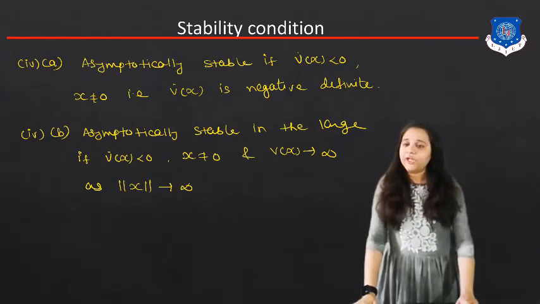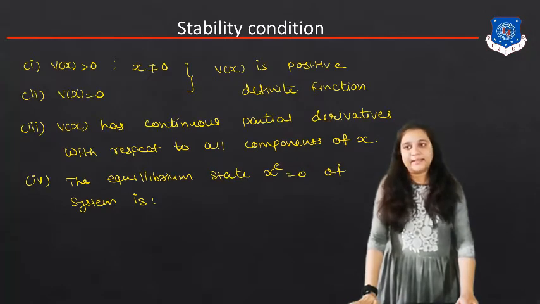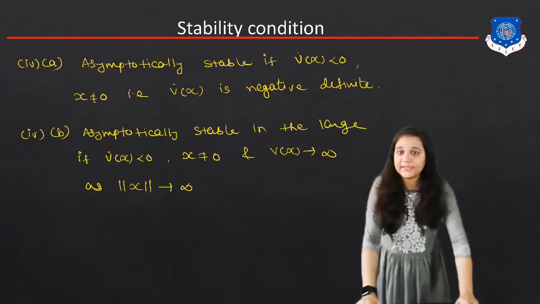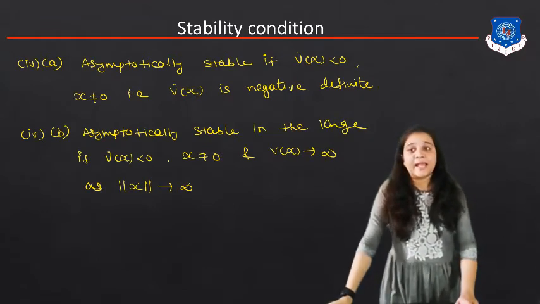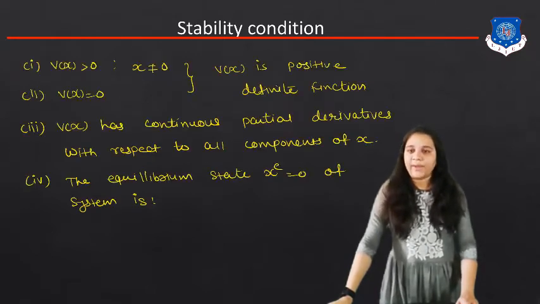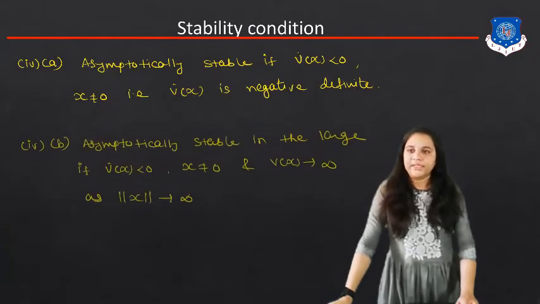Okay, so you have to remember only three things. If the value of V(x) is greater than or equal to 0, it is positive definite, and if the value of V(x) is less than 0, it is negative definite, and the stability is asymptotically stable in the large. And V(x) will have partial derivatives with respect to all the components of x.